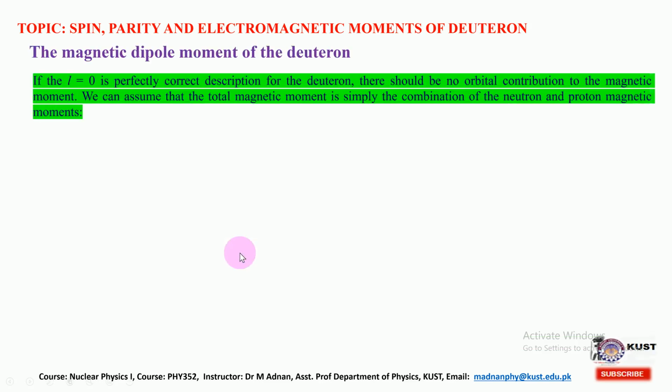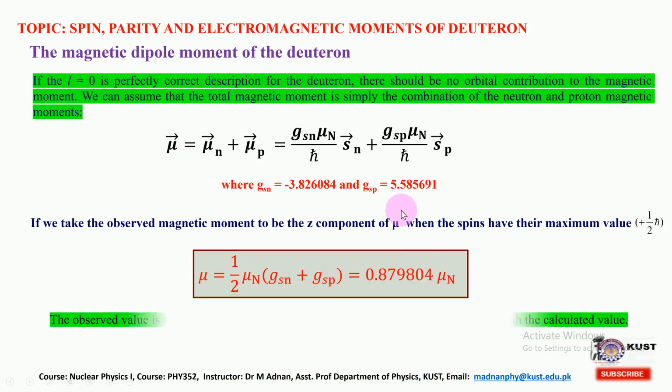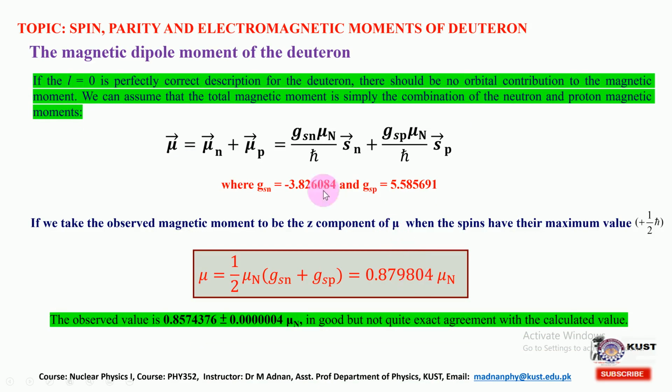So for L equal to 0, the magnetic moment is derived from this mathematics, which is just the equation for the magnetic moment of the neutron and proton only, with L equal to 0. So there is not an exact agreement, almost perfect, but we will see how much it deviates.